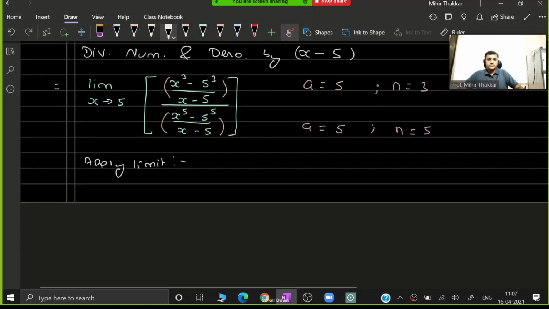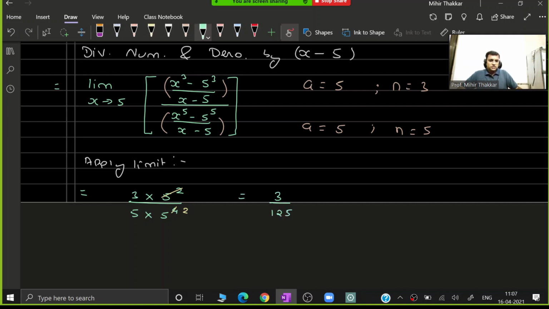It will be 3 into 5 raised to 2 divided by 5 into 5 raised to 5 minus 1, that is 4. So here I can cancel off these both numbers, it becomes 5 square. So the answer comes out to be equal to 3 upon 125.